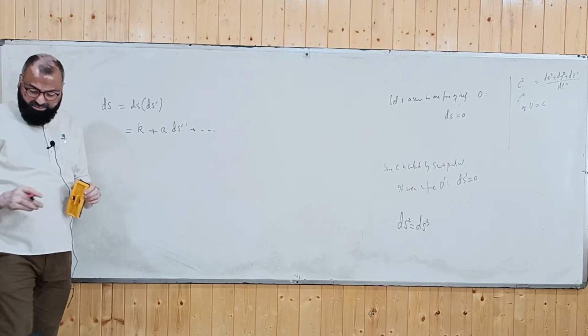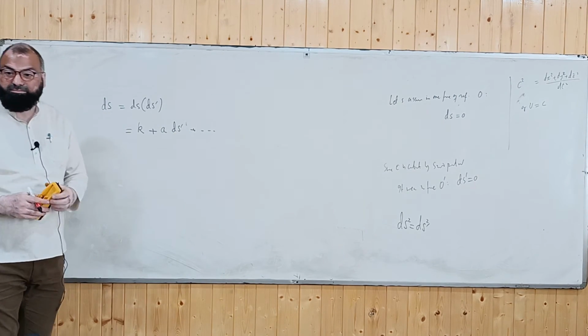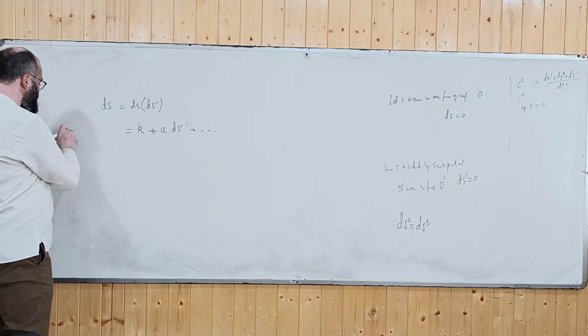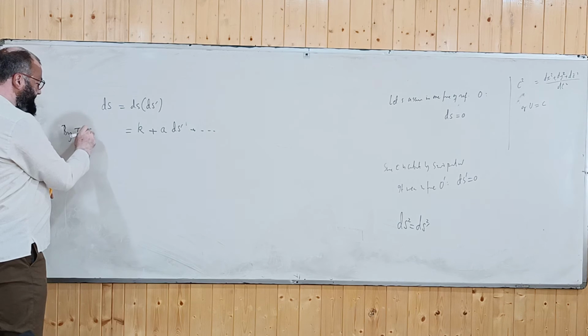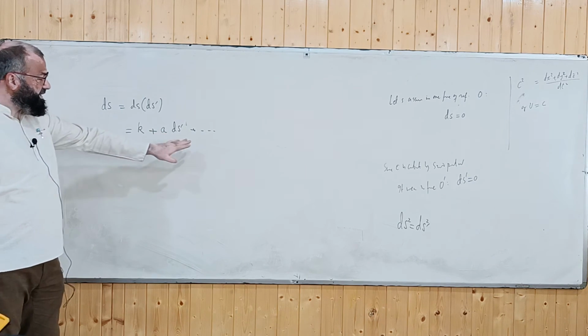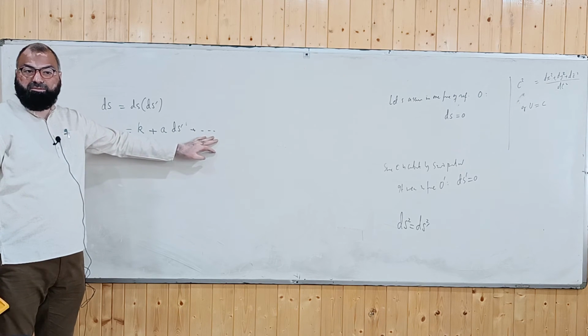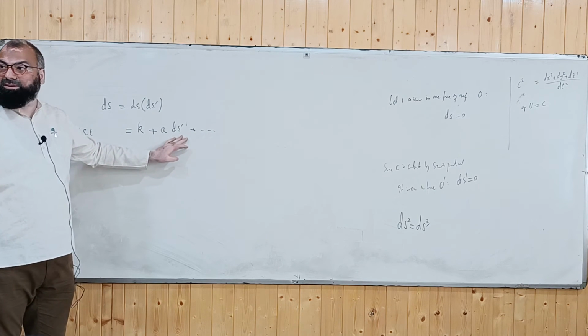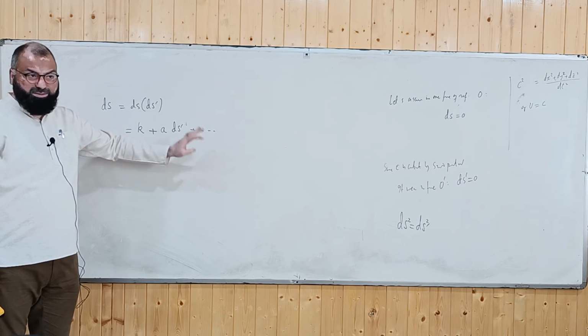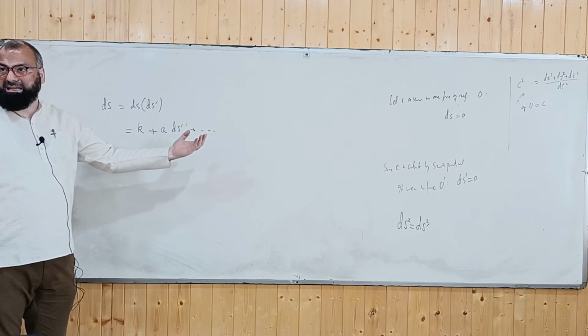Got it? So it is by Taylor series expansion. You can ignore all higher order terms because it's an infinitesimal quantity. If this is an infinitesimal quantity, all higher order terms vanish or are negligible.